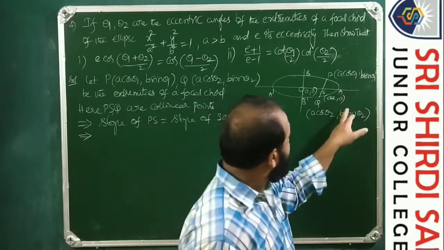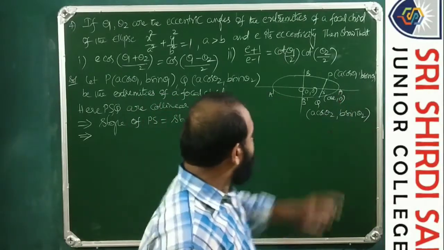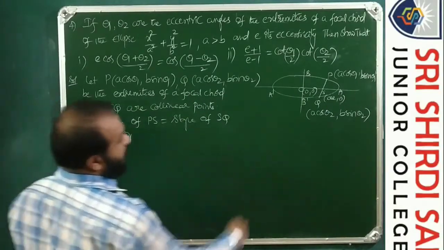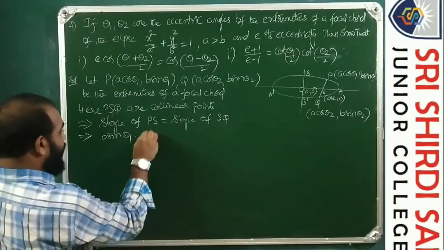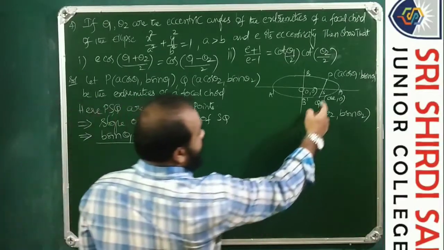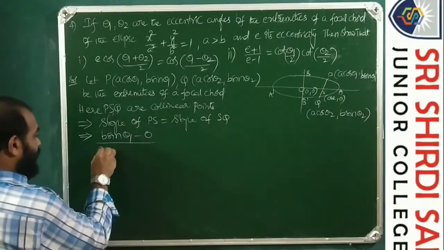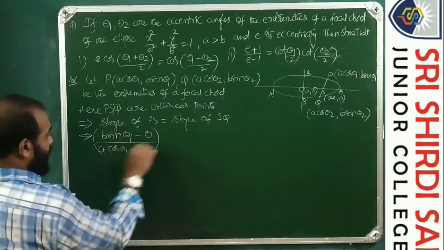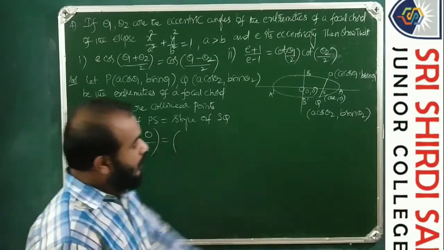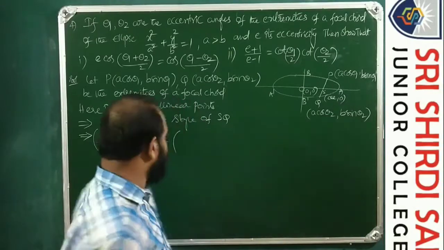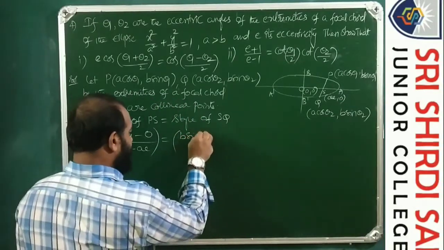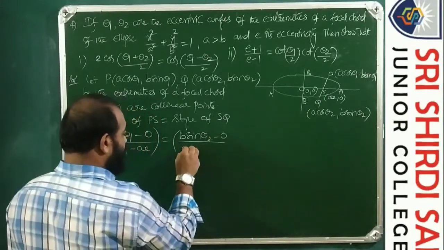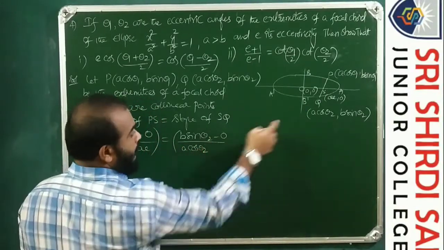Therefore here, (b sin theta 1 minus 0) by (a cos theta 1 minus ae) is equal to (b sin theta 2 minus 0) by (a cos theta 2 minus ae).